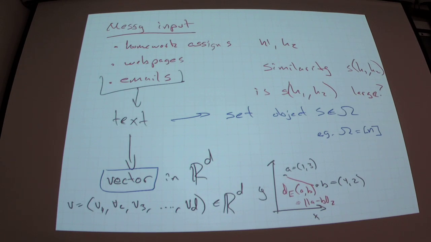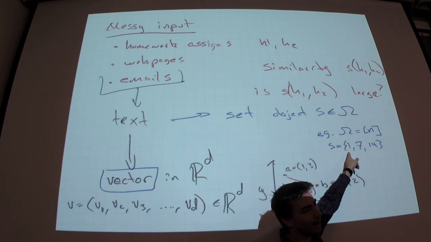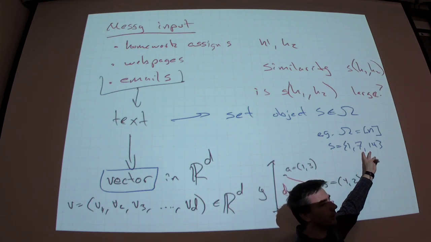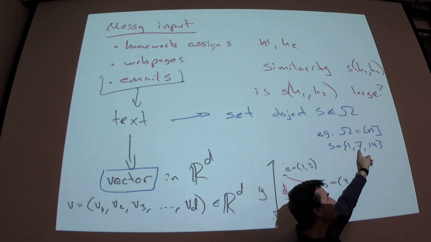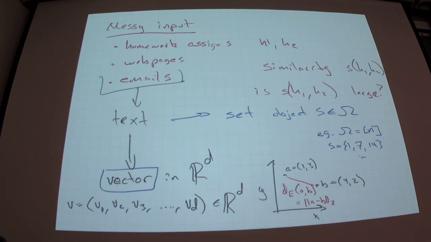So an example of a set S might be {1, 7, 14}. These are just three elements of the set, and I have a curly bracket now, still separated by commas. Now the ordering does not matter. If I swap 7 and 14 in this representation, this is equal to, for instance, {1, 14, 7}.